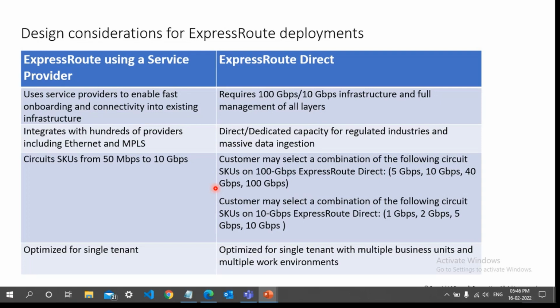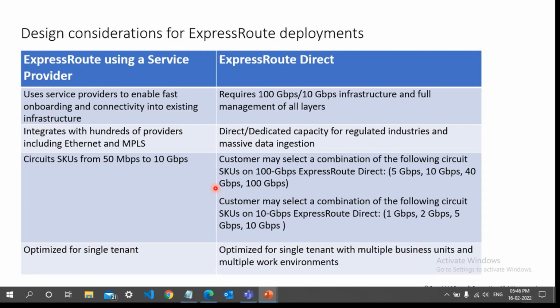And you can integrate hundreds of providers using Ethernet or MPLS. There are also various SKUs available, and based on the SKUs, you have your connectivity options. Whenever you go for a standard SKU for Microsoft ExpressRoute, you are only allowed to connect to a particular geographical region.